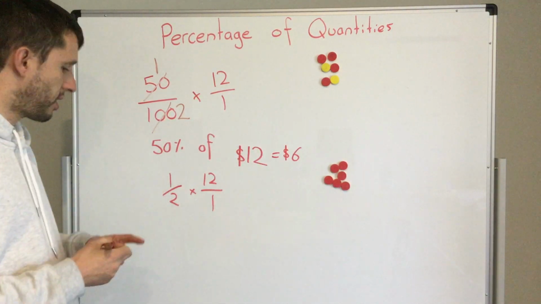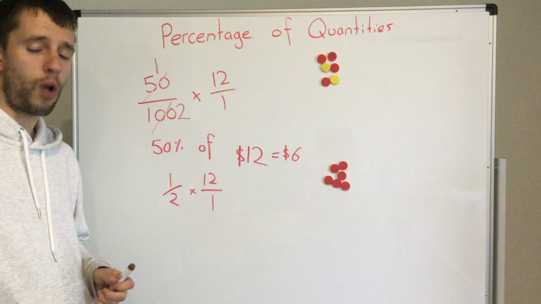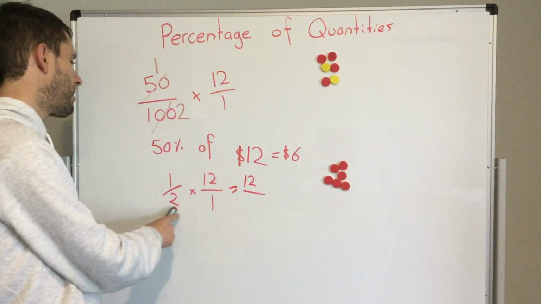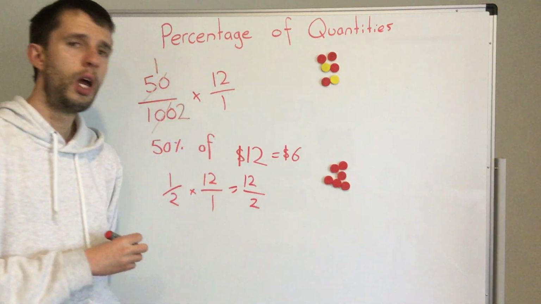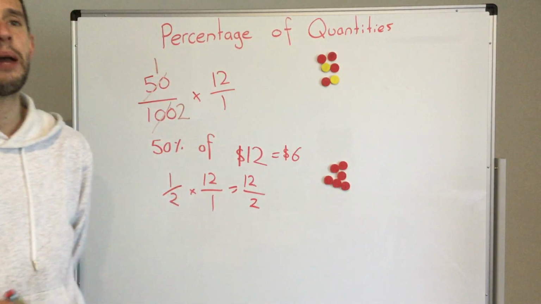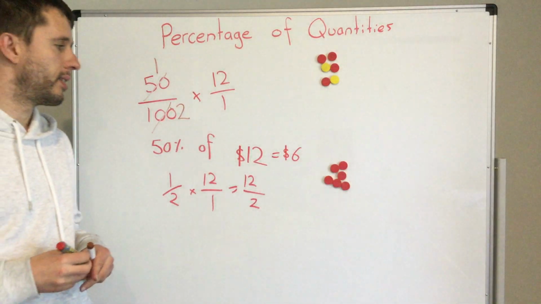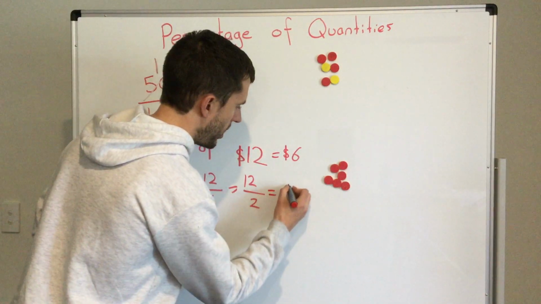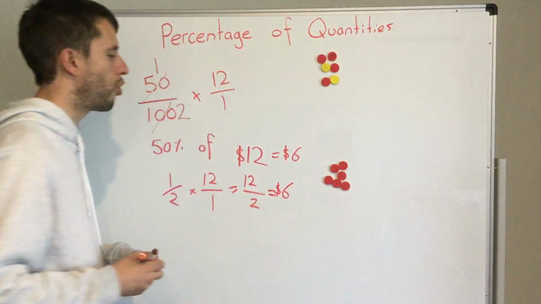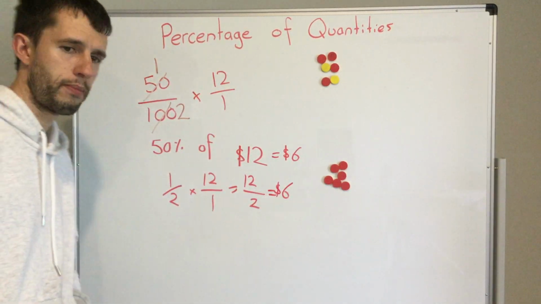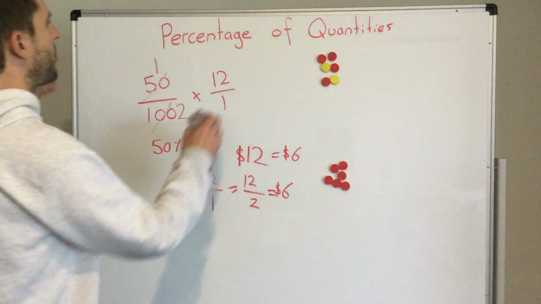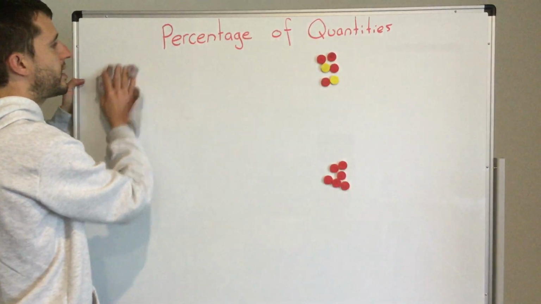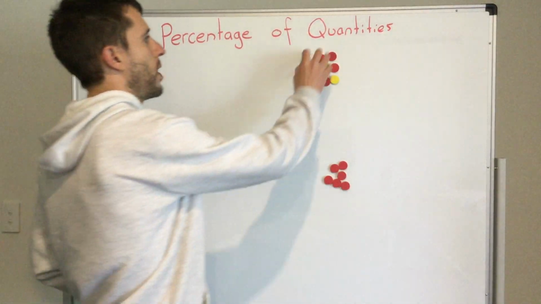I can solve that as it is. 1 times 12 equals 12. 1 times 2 equals 2, because I times the numerators and then I multiply the denominators. And then I can simplify it. 12 divided by 2 equals 6, or in this case we're talking about $6. So doing a percentage of a quantity is exactly the same as what we have been doing.